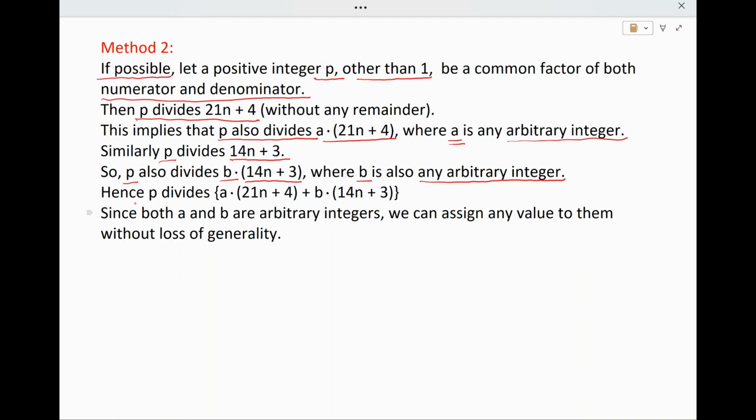Therefore, p divides A multiplied by (21n + 4) plus B multiplied by (14n + 3). Since both A and B are arbitrary integers, we can assign any value to them without loss of generality.